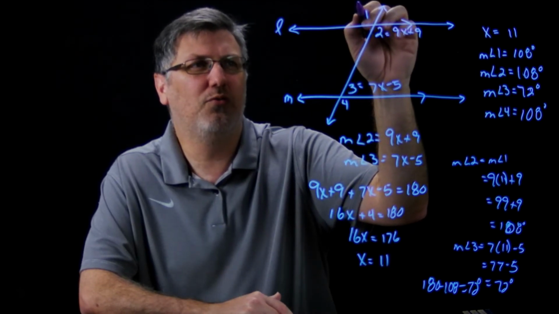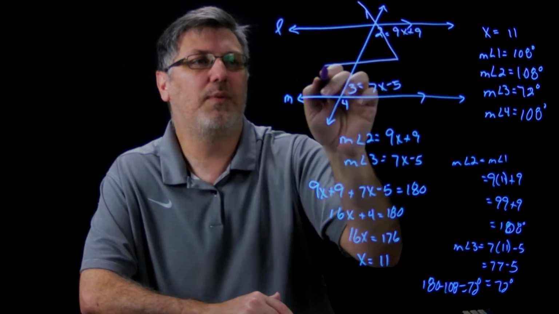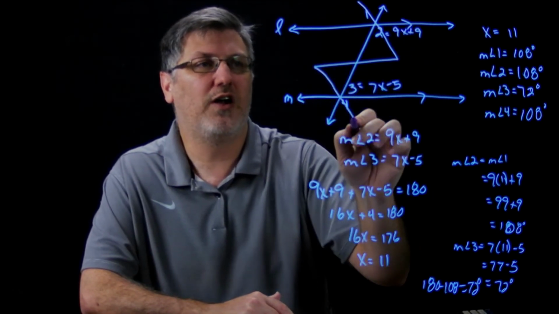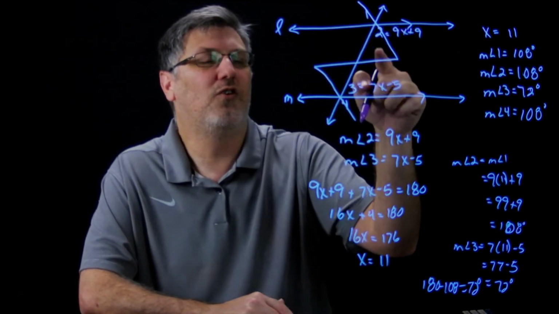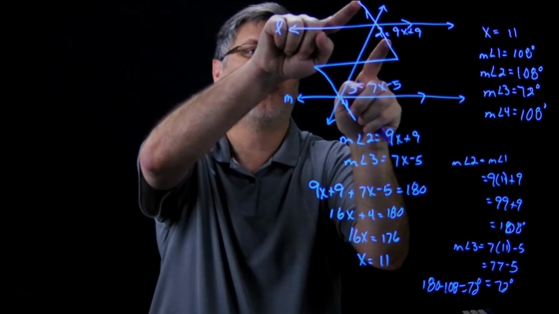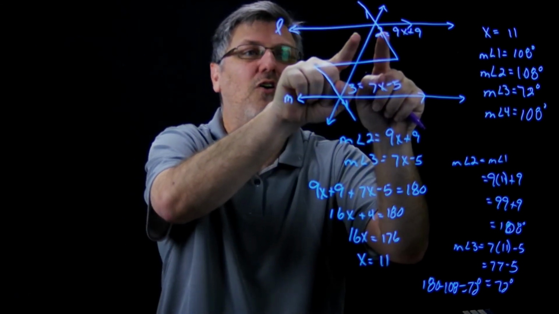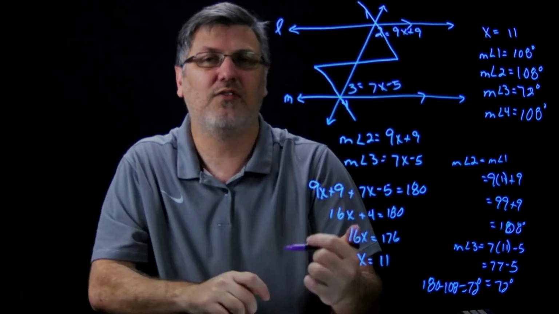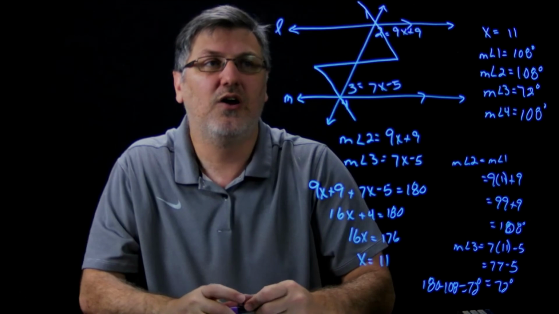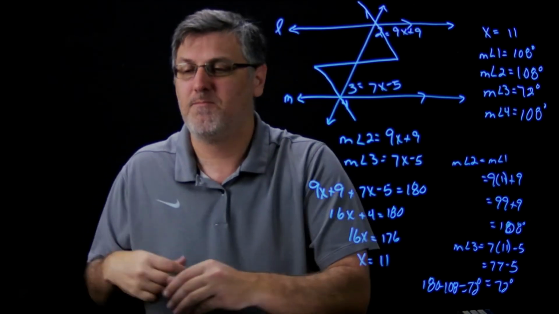So what we did is we drew a little line almost coming through angle 1 and angle 2, then we cut back across, and then we drew another line again, kind of like a crooked Z. If we put our fingers on the two angles we're looking at, and they're on the same line, they were congruent. If they were not on the same line, they were supplementary. So that was kind of an easy little visual trick to be able to see which angles are congruent and which angles are supplementary.